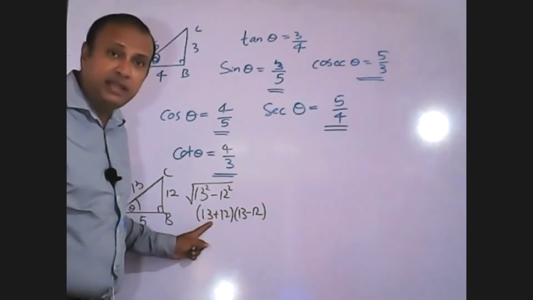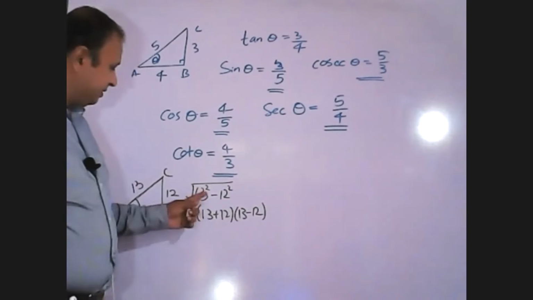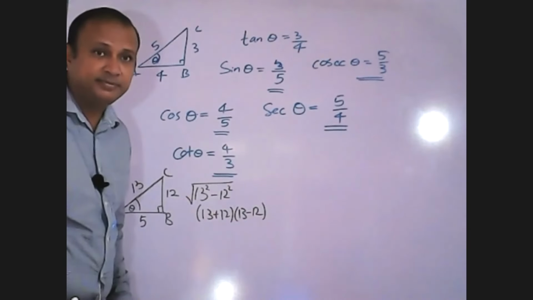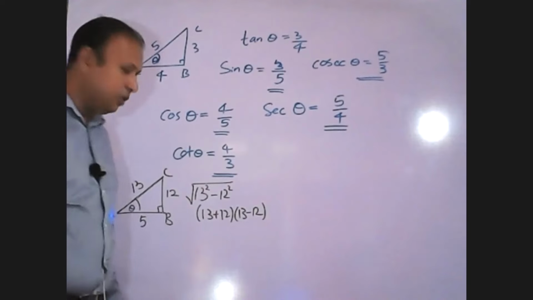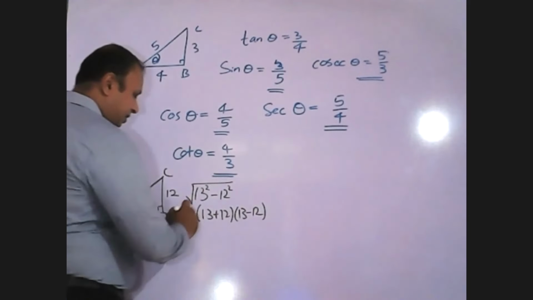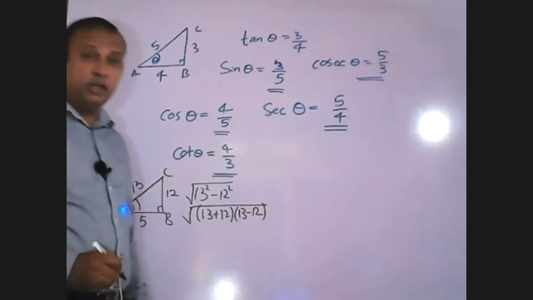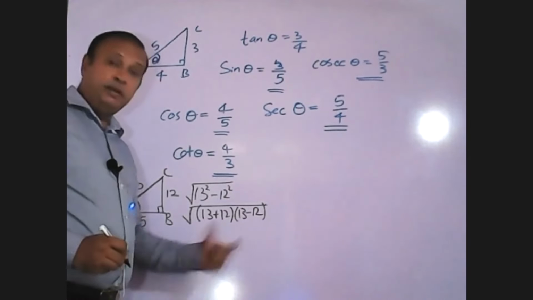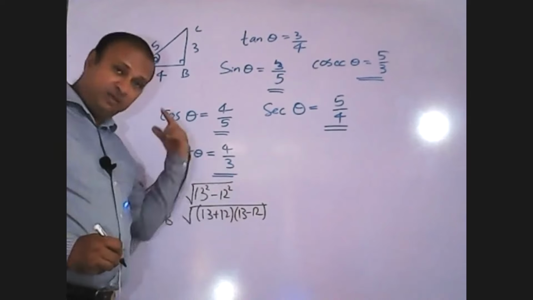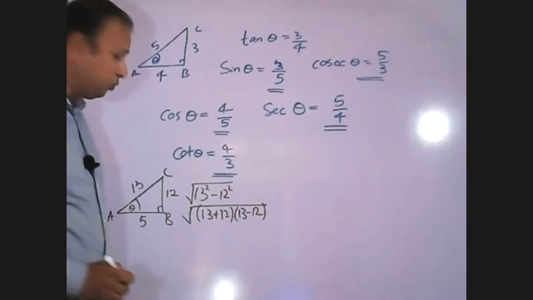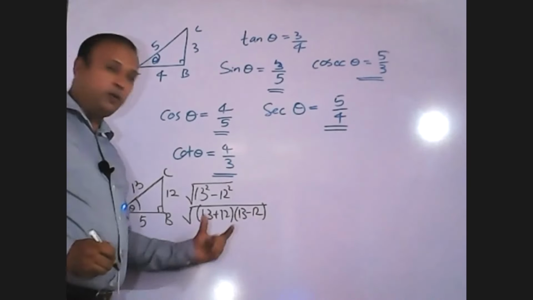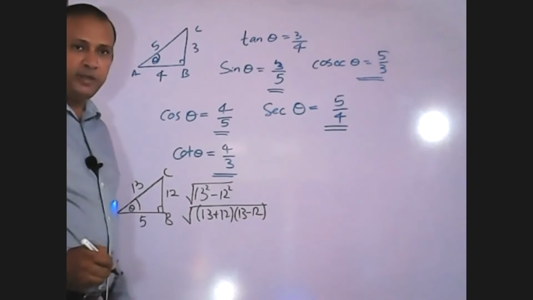Therefore, you can take 13 plus 12 as the answer, which is 25. So you can take the square root of 25. You can calculate this using your mind. Don't write anything in the book.